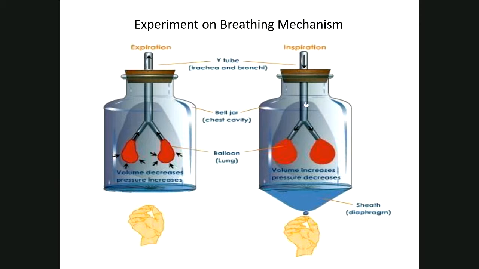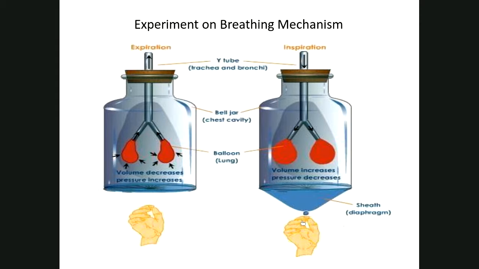This pipe represents the trachea, and it is connected to two minor divisions which resemble the bronchi. And then there are two balloons attached to it. The floor of this bottle is not glass, it's a rubber that is flexible and can be changed.